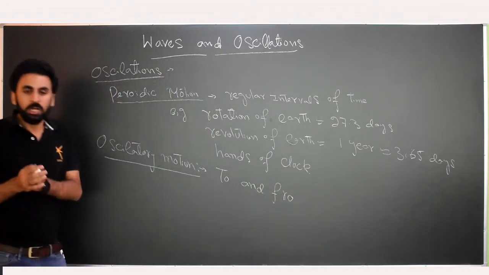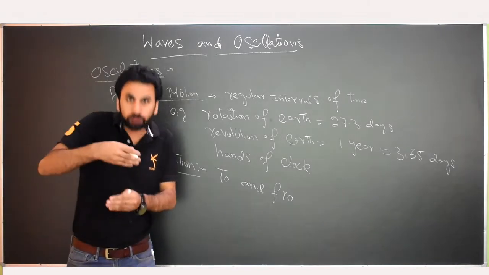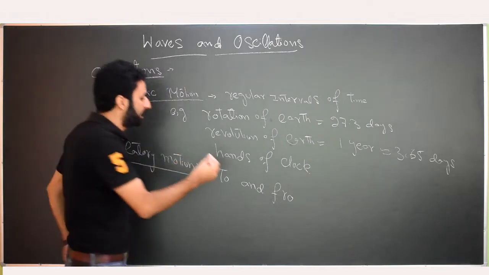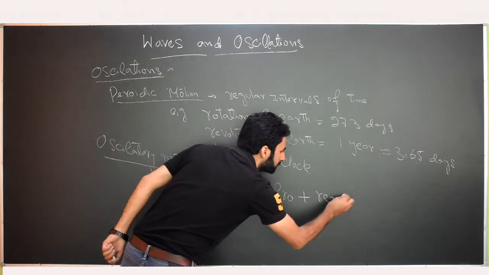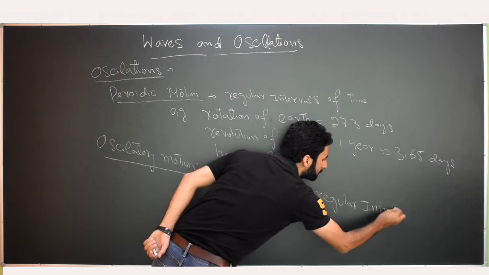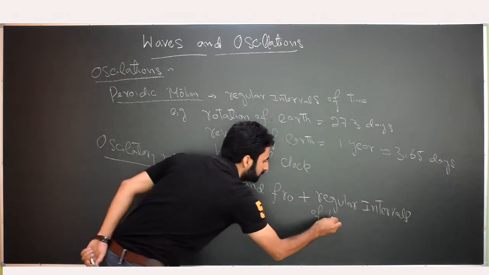Once the motion is in the form of a to and fro motion, and if the motion repeats after equal intervals of time, that is to and fro motion plus regular intervals of time, it is oscillatory motion.